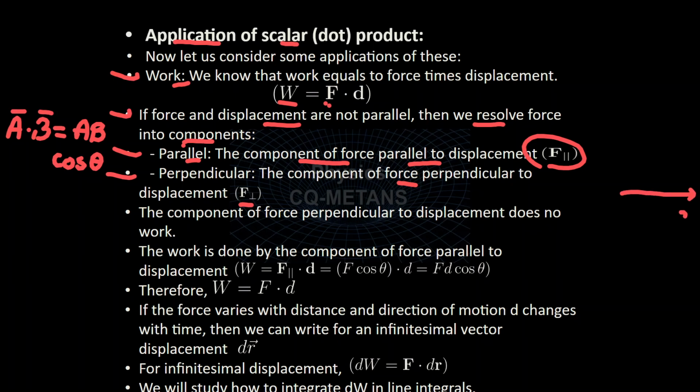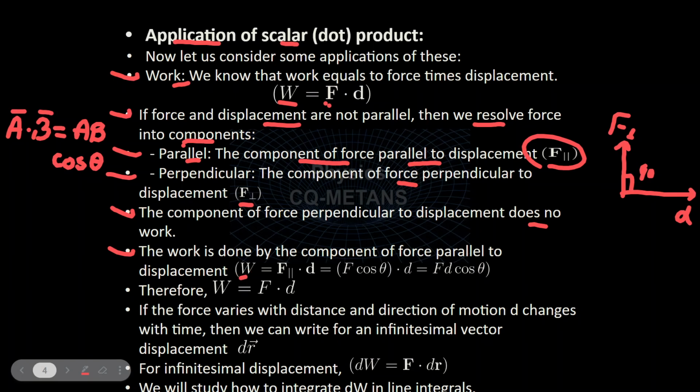This is the displacement vector, and this is the component of force perpendicular to displacement, so the angle between them is 90. If I put that over here, we find that this gives the result 0. So the perpendicular component of the force does no work. So the work done is by the component of force that is parallel to displacement.